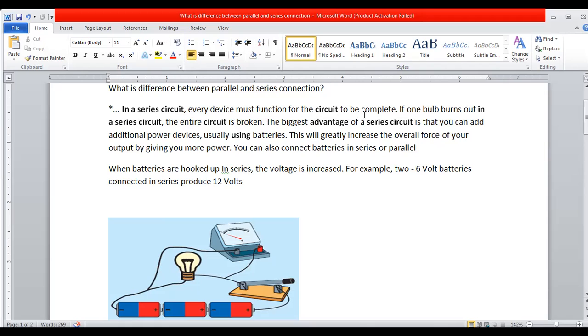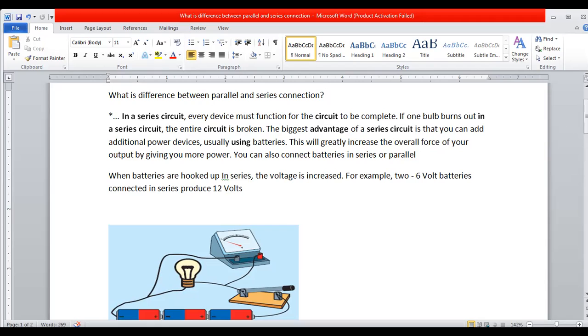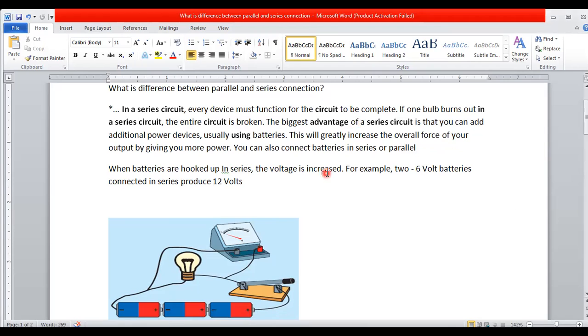The biggest advantage of a series circuit is that you can add additional power devices, usually batteries. This will greatly increase the overall output, giving you more power. You can connect batteries in series or parallel.